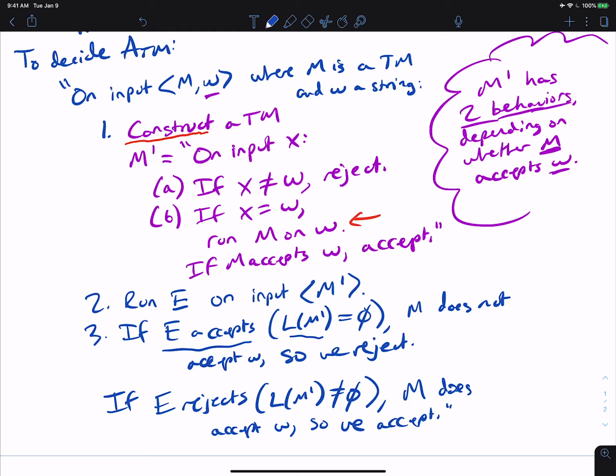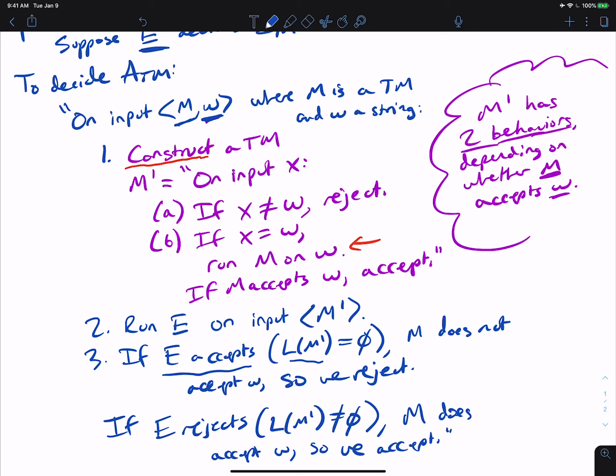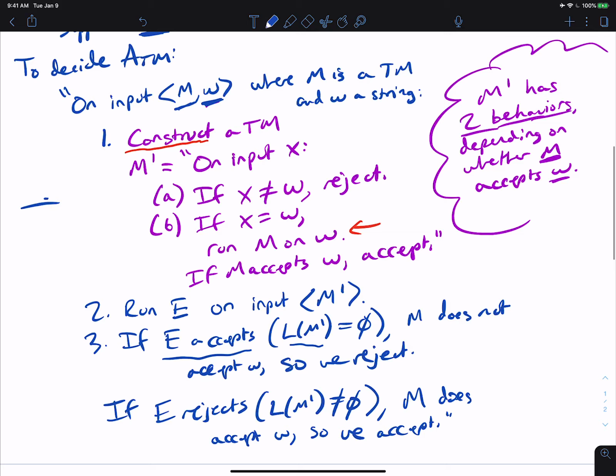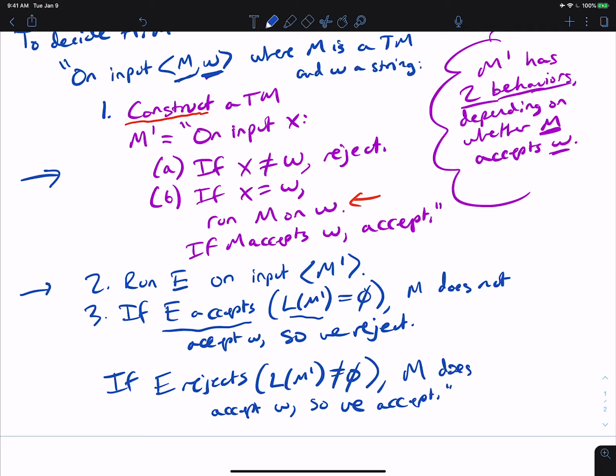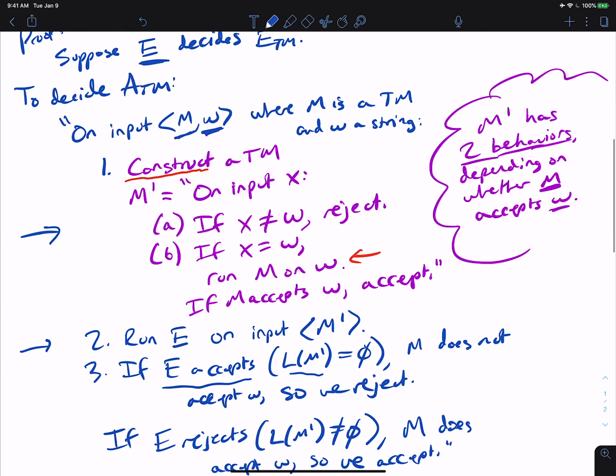So then step two, we suppose that there's a decider for the emptiness problem for Turing machines. And since it's a decider, it must say accept or reject. So then we achieve a conclusion about whether the original machine M up here accepted W up here. Step one takes a finite amount of time because we're just constructing the machine. Step two takes a finite amount of time by supposition because we had a supposed decider.